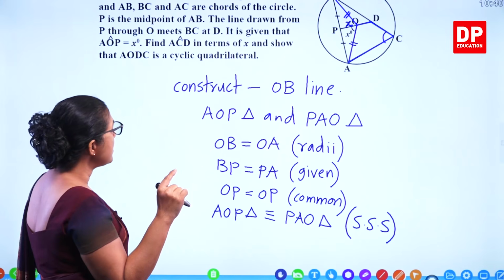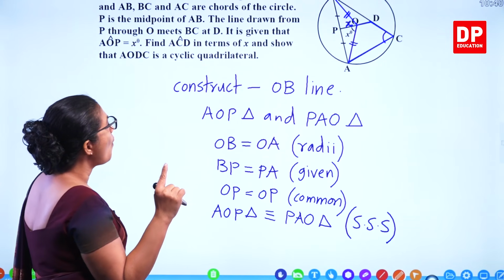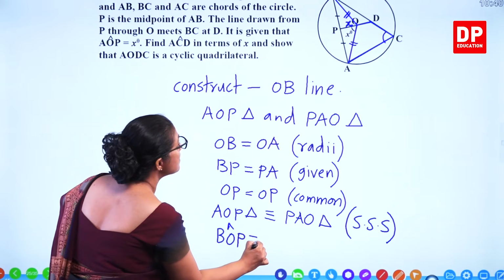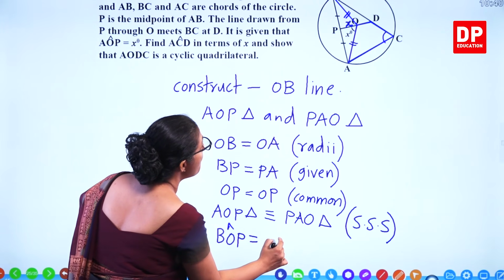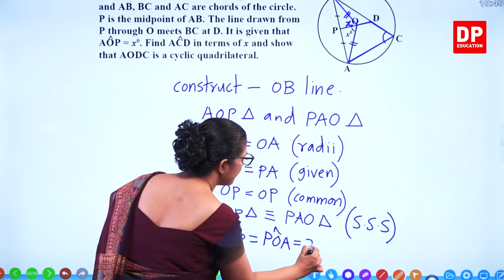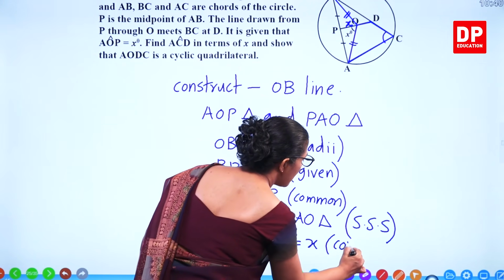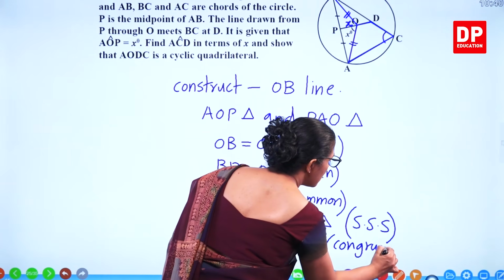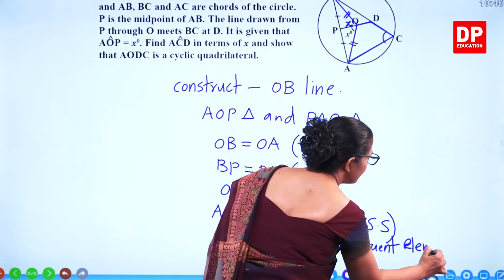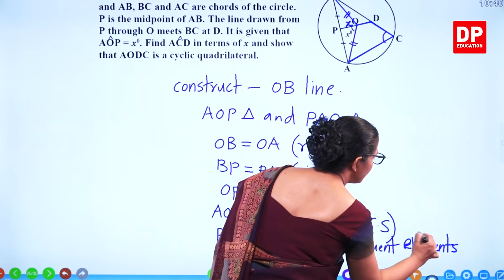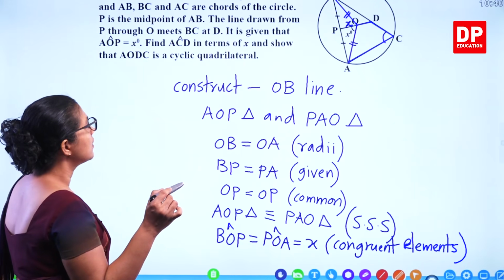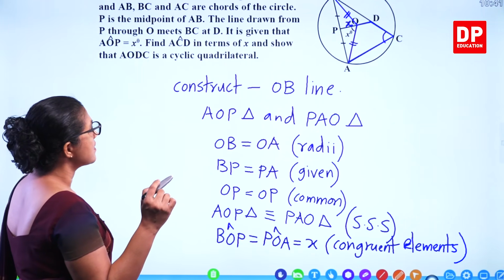So angle BOP is equal to angle POA, and that's X. Congruent elements are equal. So X and X.